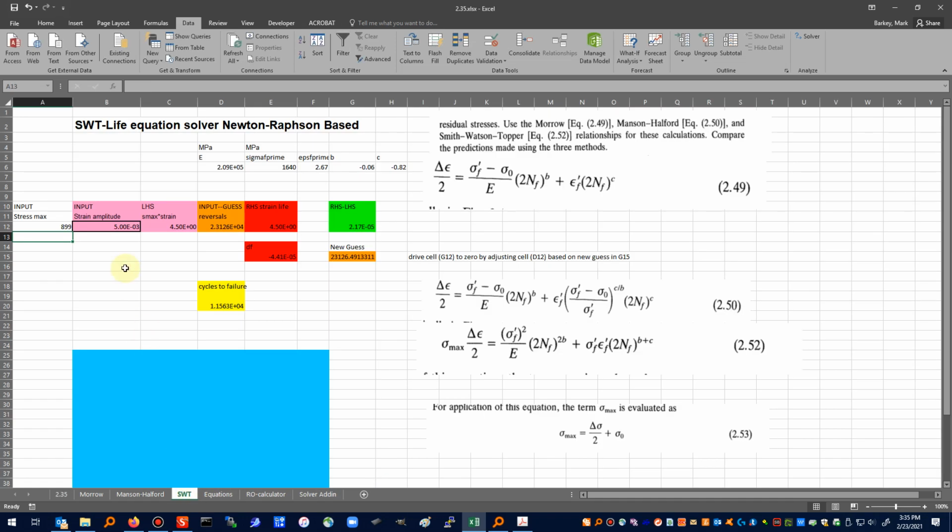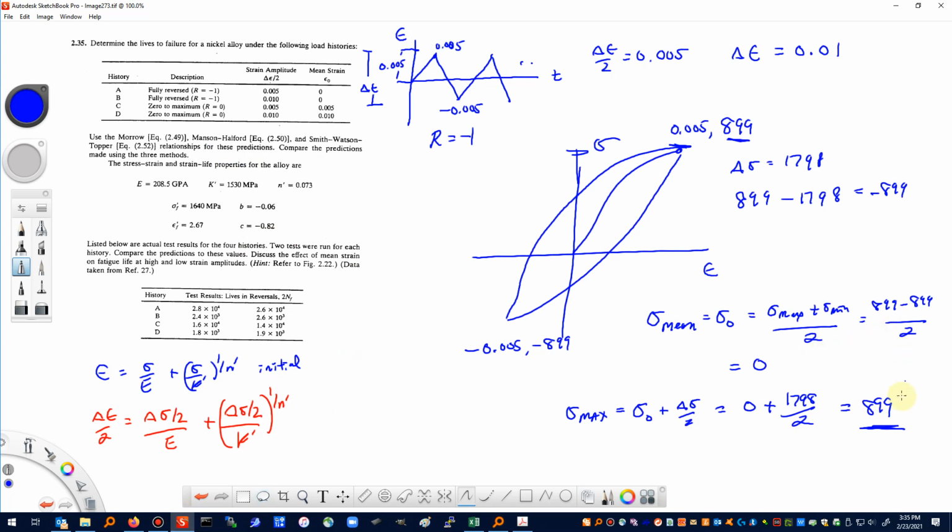Now let's go to Smith-Watson-Topper. Okay, our maximum stress is 899. Let's just double check that. Based on our sketch pad, we said our maximum stress was 899.